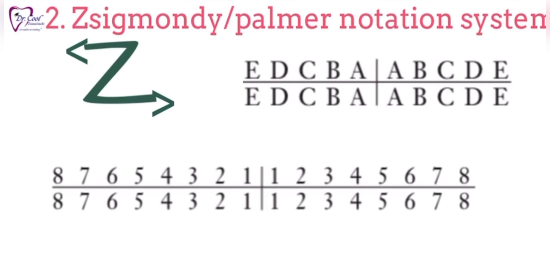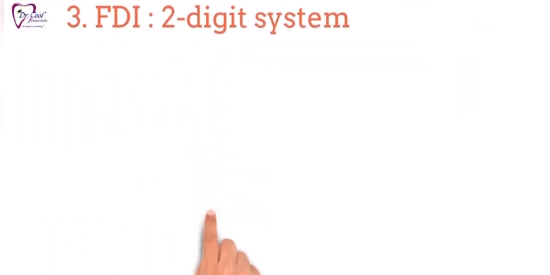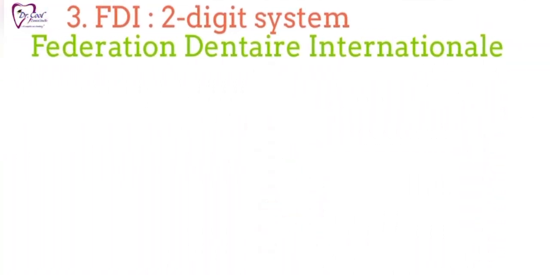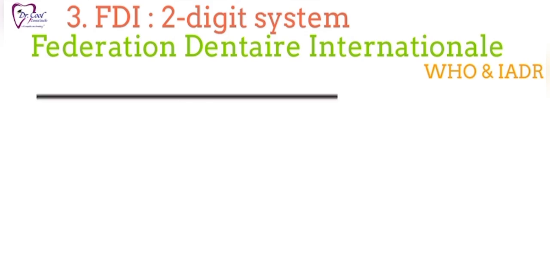Okay. Coming to the next system, that is FDI system. It is a two-digit system proposed by Fédération Dentaire Internationale, accepted and adopted by WHO and International Association of Dental Research. In this system, each quadrant is given specific number, as we know, that is 1, 2, 3 and 4.